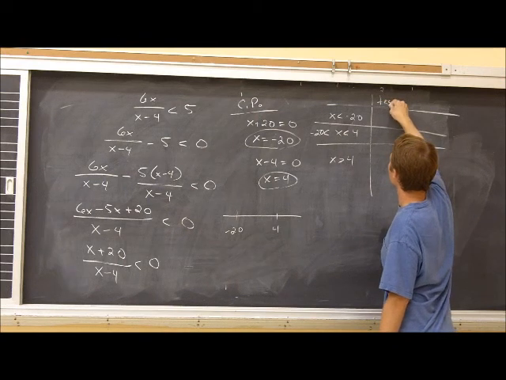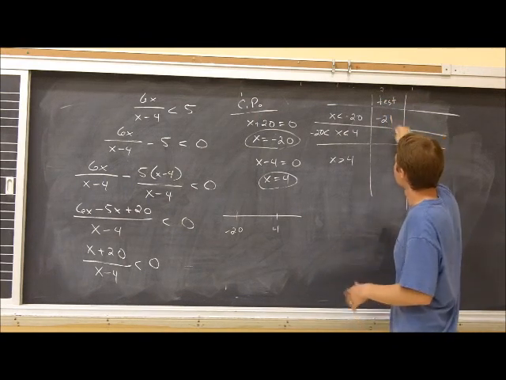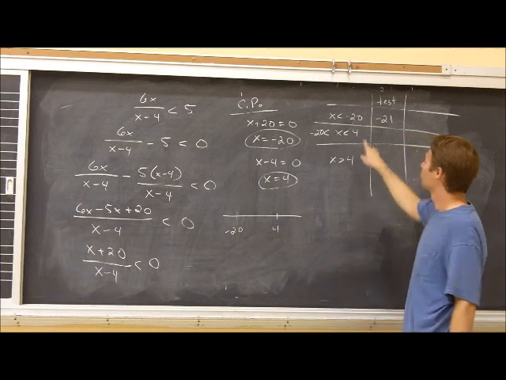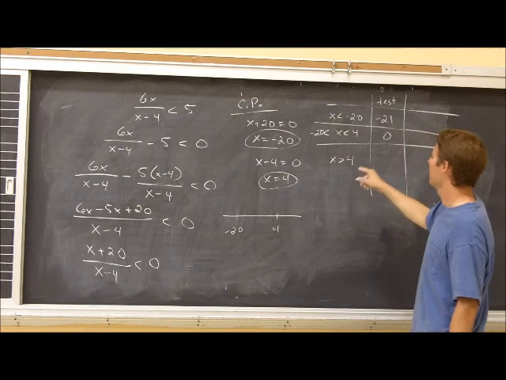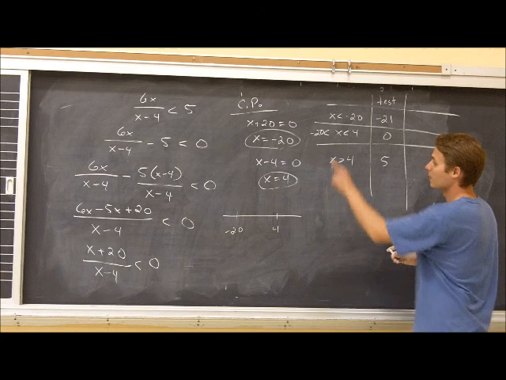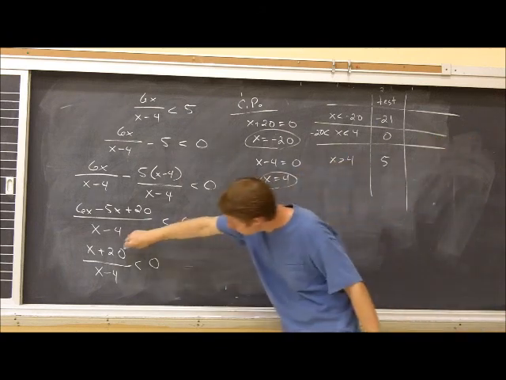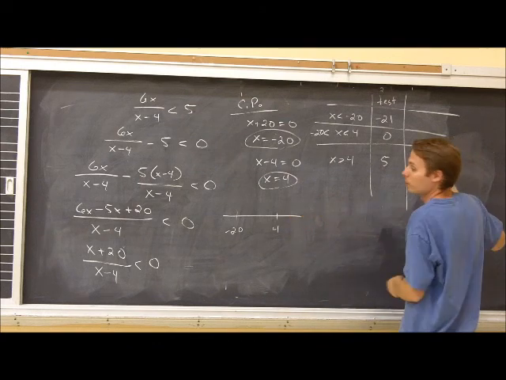And then I just should pick some test values. For x less than negative 20, I'll pick negative 21. Between negative 20 and 4, you can pick 0, it's always a good one to pick. For x bigger than 4, maybe I'll just pick 5. Okay, and then I'm going to plug these into the expression, not the original one, but the one that I have with the 0 on one side.